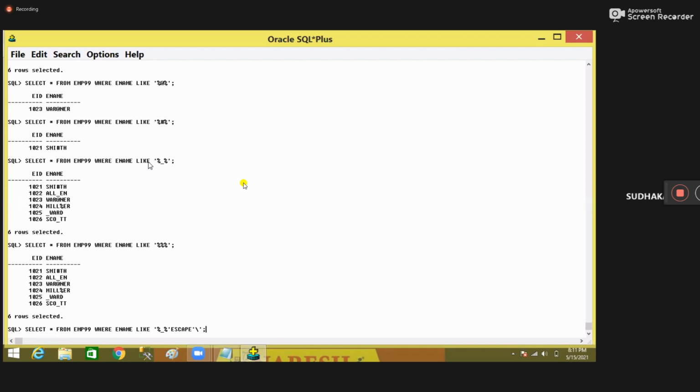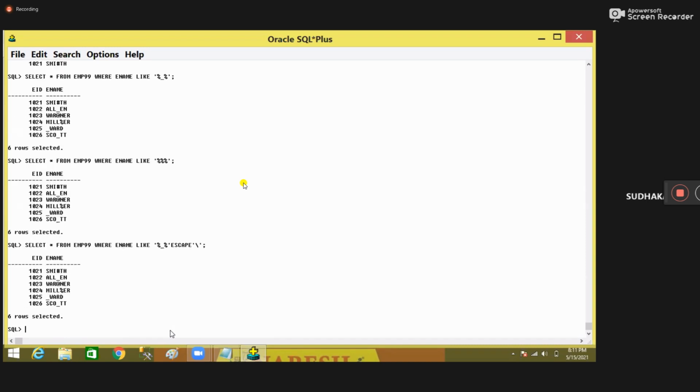Now I'm passing it, but you see, even though I'm passing the escape slash statement along with underscore, it is not identified. Why, sir? This underscore will not be identified by the escape statement in your SQL query.